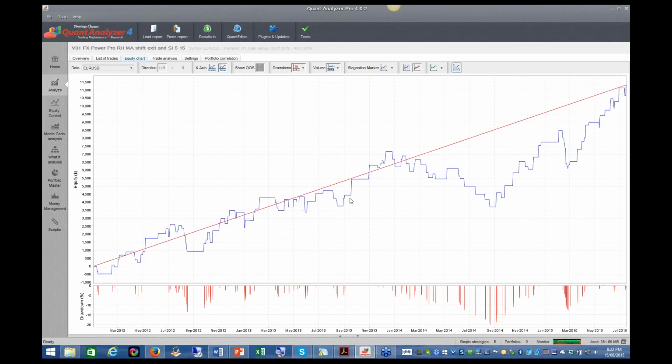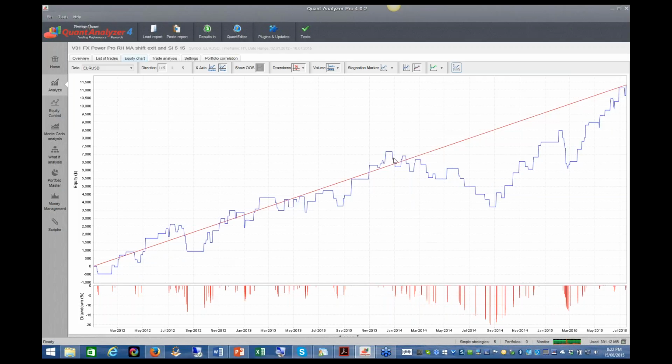Okay. So in this case, we have a reasonable equity curve in that we've gone from bottom left to top right, and we haven't had a long period where it's ranging around and not gaining us any money.